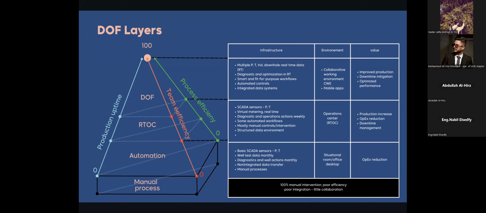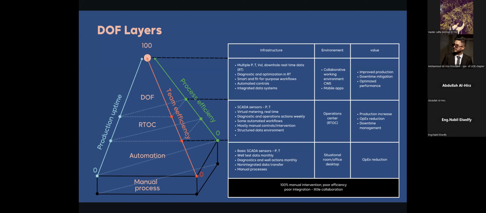So we have more coordination and more transparency between all these teams together. So now we have more collaboration. And the value of that is we can improve the production a lot, we can mitigate the downtime, and we can optimize the production.